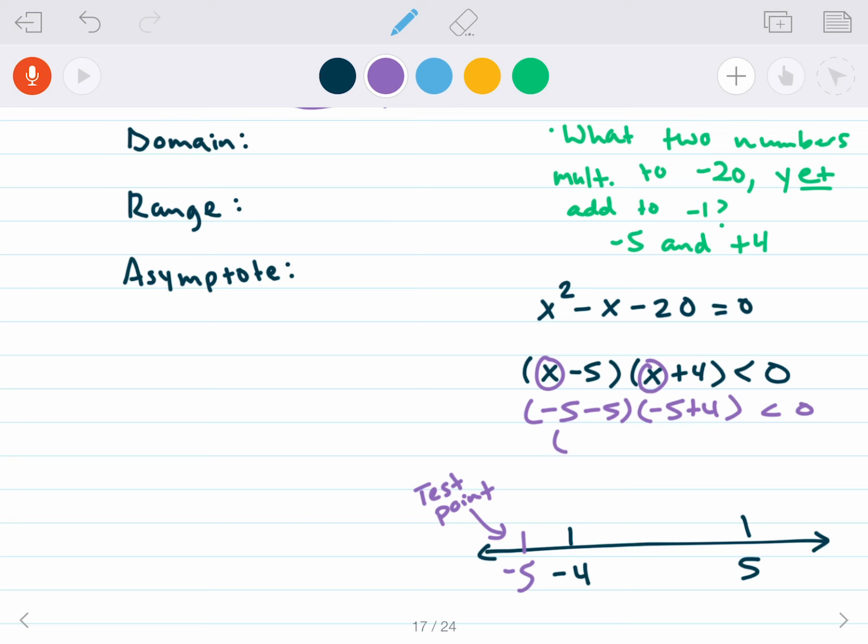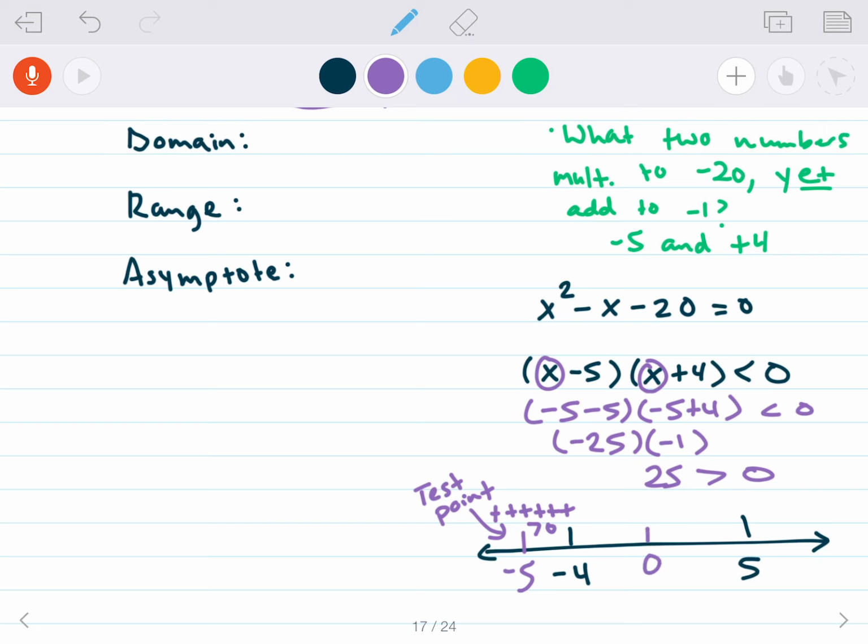Well, no, because I have negative 10 times negative 1, which is positive 10. So that is greater than 0, right? So what this is saying is that from negative infinity all the way to negative 4, I have values greater than 0. So I can include this in my domain. All right? What about between negative 4 and 5?